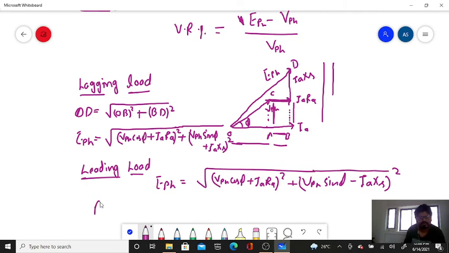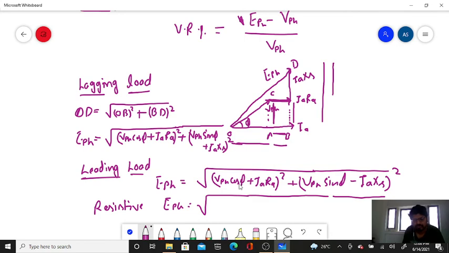And for resistive load, your power factor angle phi will be 0. Then EPH will be under root of (VPH plus IA RA) square, since cos 0 is 1, plus sin 0 which is 0, so IA Xs square.